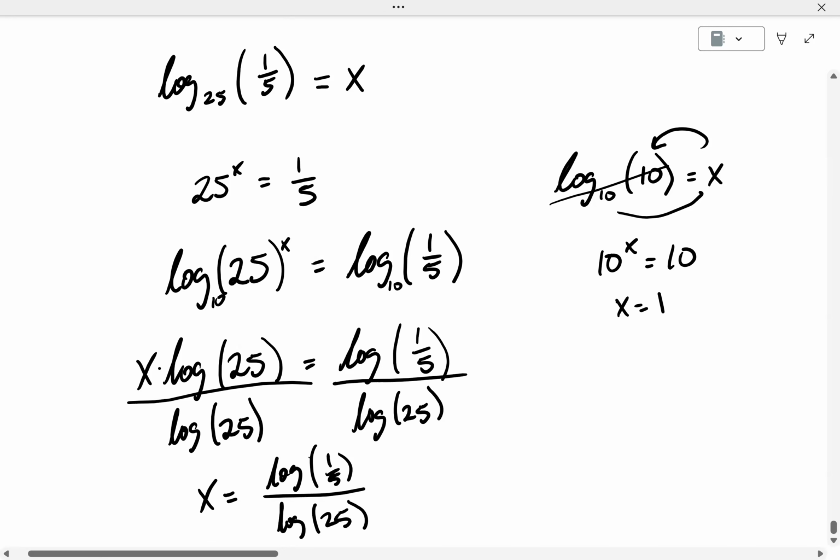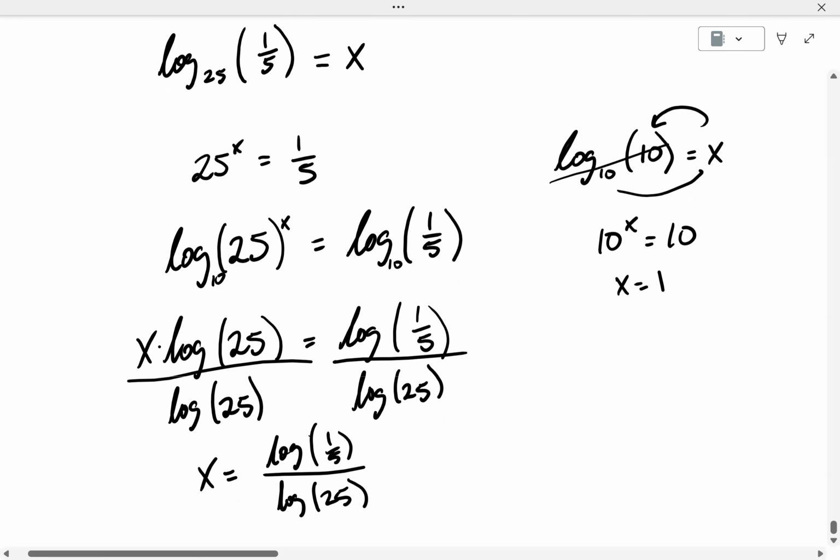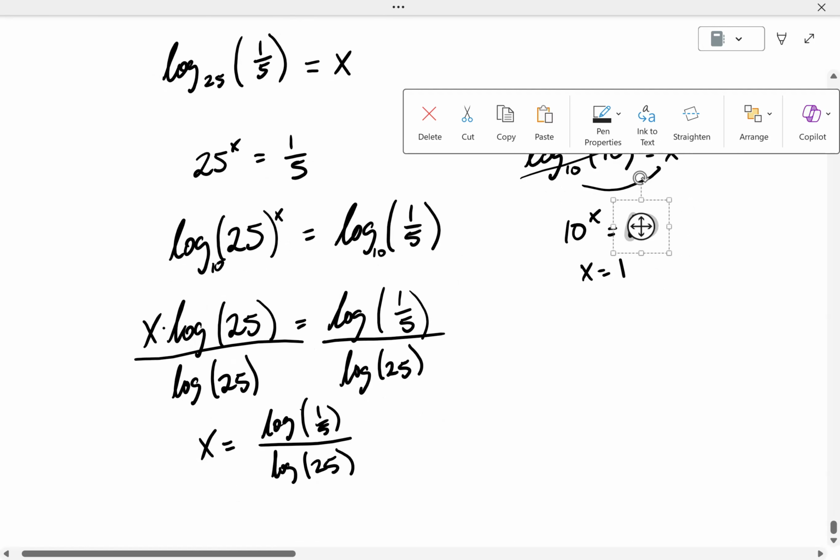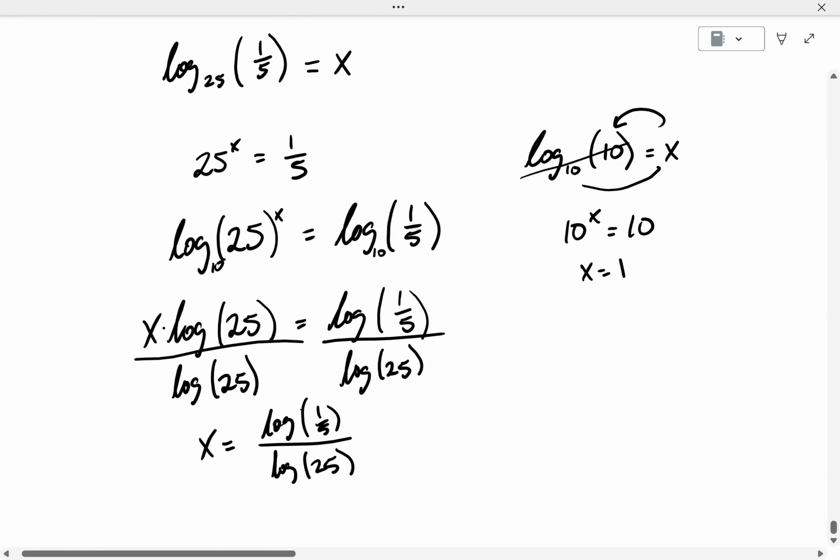Now you can only type in log base 10 in the calculator, but this is log base 10, it's just log. So you can use a calculator for this. And if you type that in your calculator, you will get exactly an answer of negative 0.5 or negative 1/2.